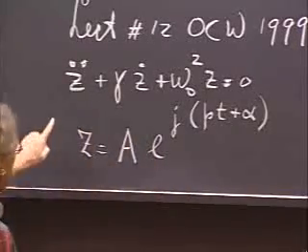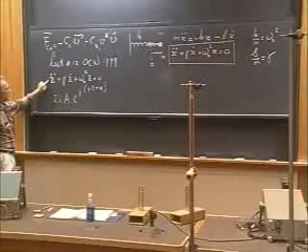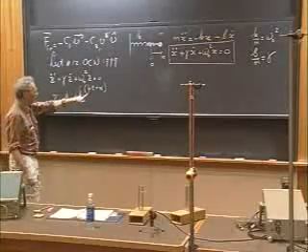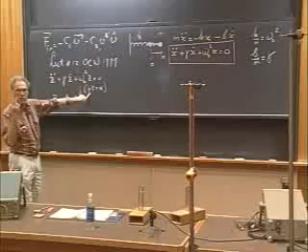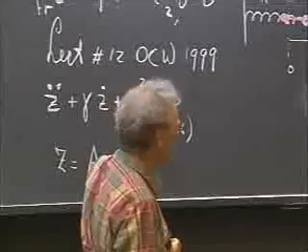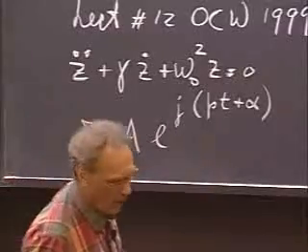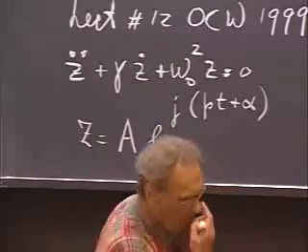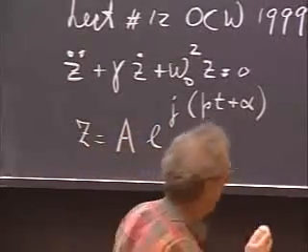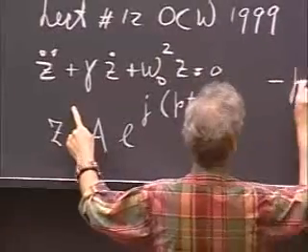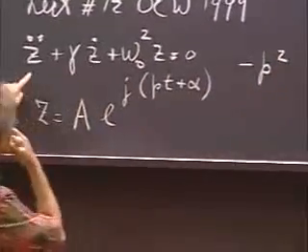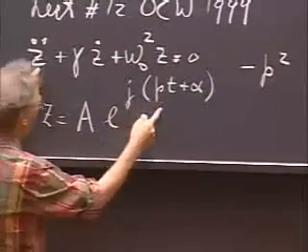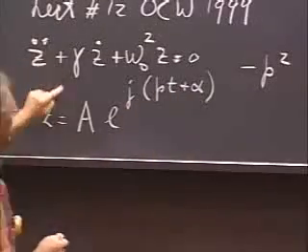I'm going to take the second derivative of this equation. So jp comes out twice, so that is j squared times p squared, and so I now see minus p squared. That is the second derivative of this function, and the z comes later.